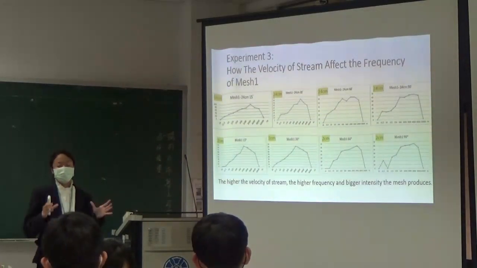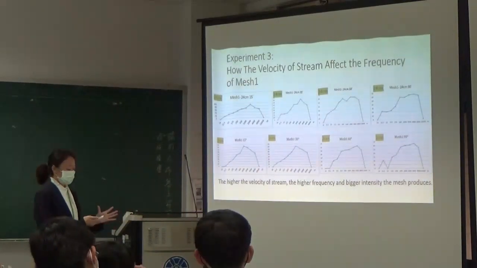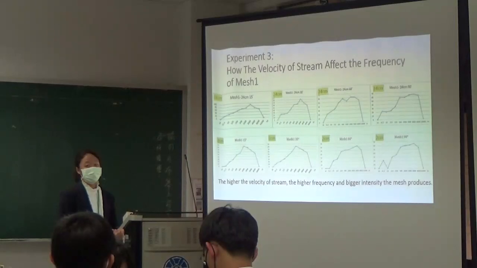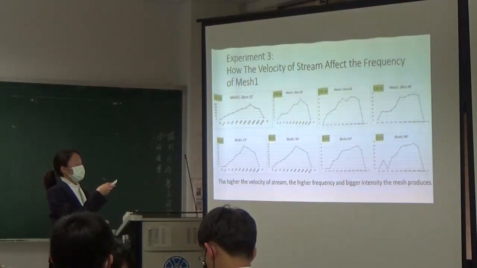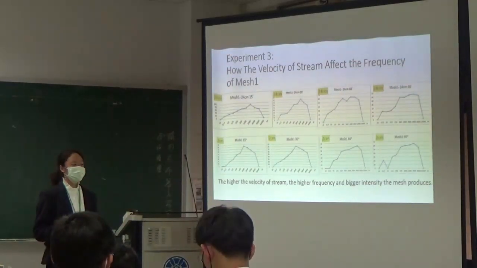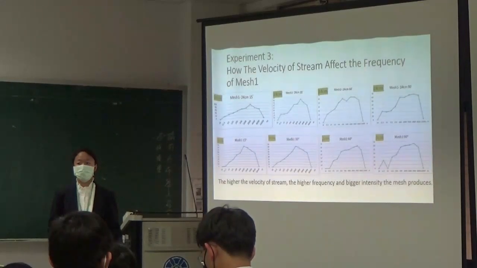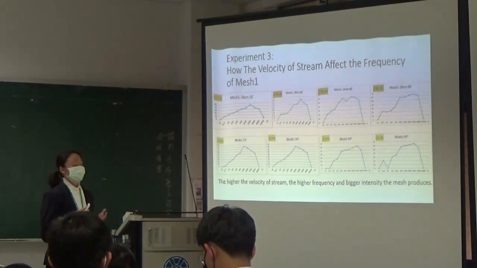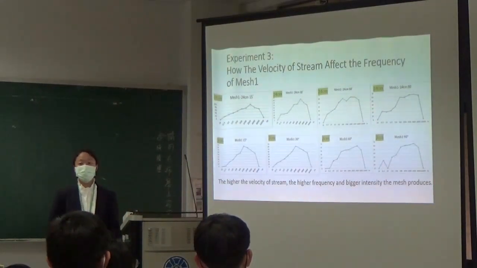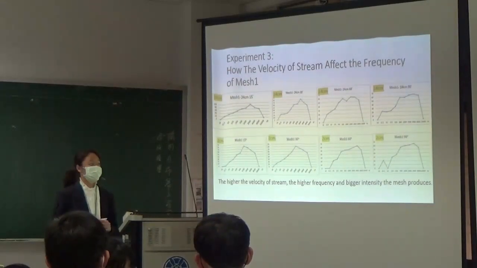So after comparing the results of previous pages, I created this chart, discussing how the velocity of the stream affects the frequency of the mesh. Because the pipe only contains one velocity, in order to change the speed, we adjust the distance between the water outlet and the mesh, which is 24 centimeters and 2 centimeters.